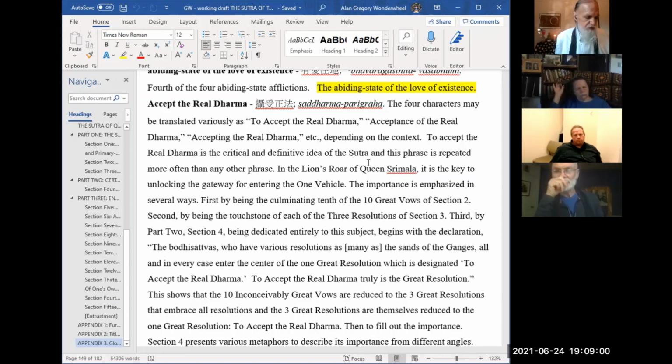And it literally means being or existing, real, actual, true, good, or right. So sometimes it's translated as the good Dharma, or the true Dharma, or the real Dharma, the actual Dharma, the genuine Dharma. Those are all what I would call valid translations.